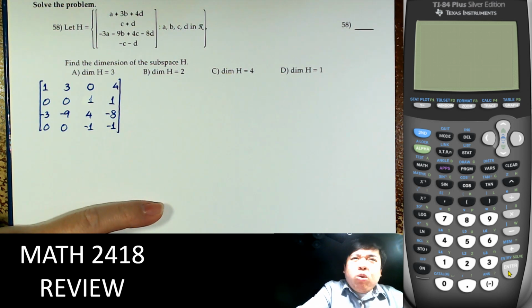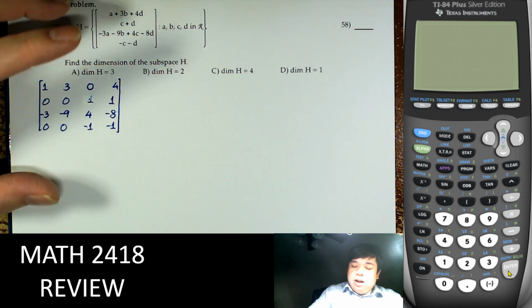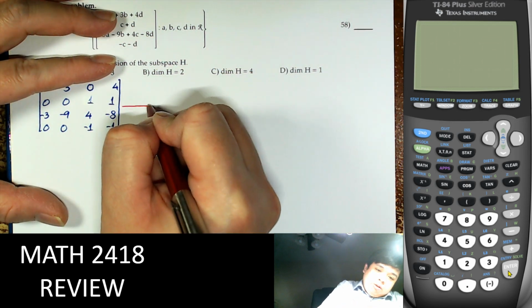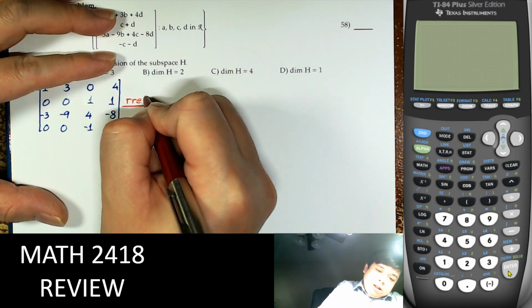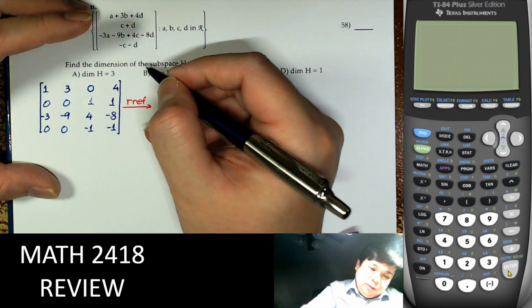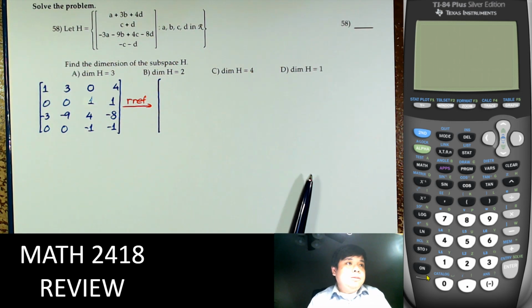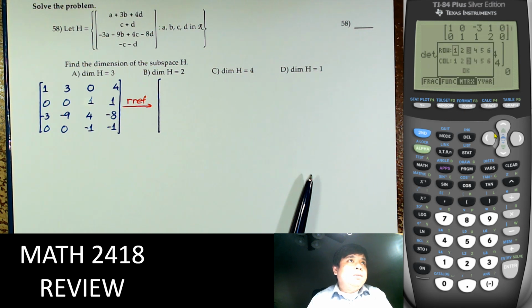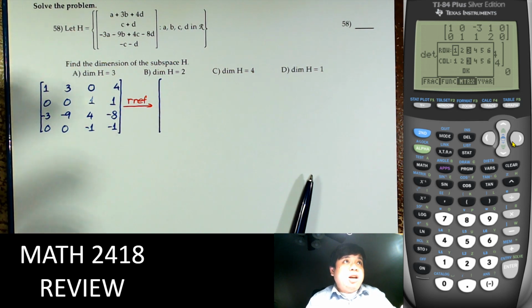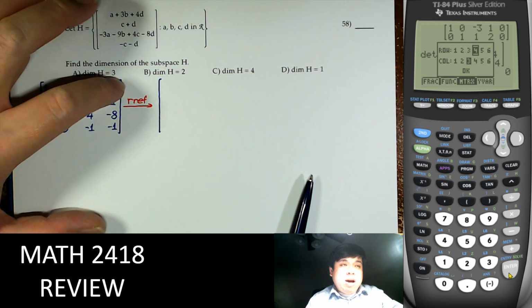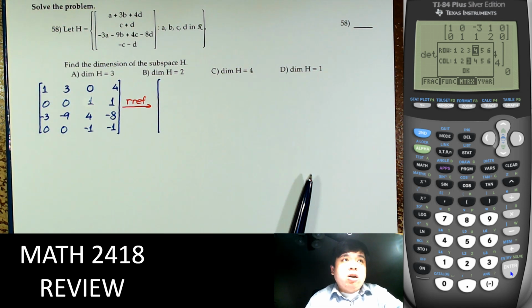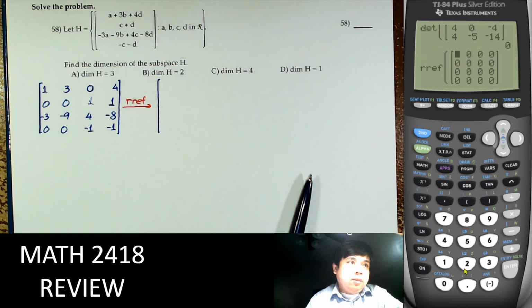Well, when we look at this, we won't be able to tell, but if we do the reduced row echelon form, we will see. Notice that this is just a matrix and not the augmented matrix. The augmented matrix will have the row of something on the right side.